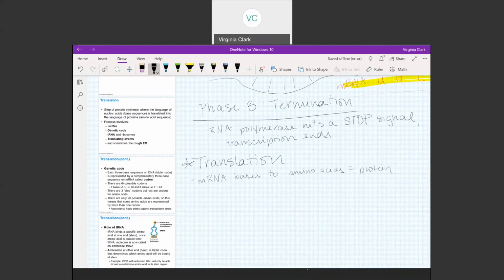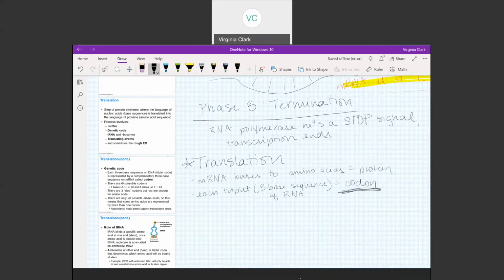So for this, each triplet, each 3 base sequence, will be something called a codon. This is where we're going to bring some of that terminology back in from the beginning. A codon is a 3 base sequence of RNA.